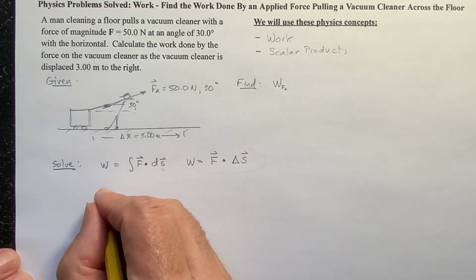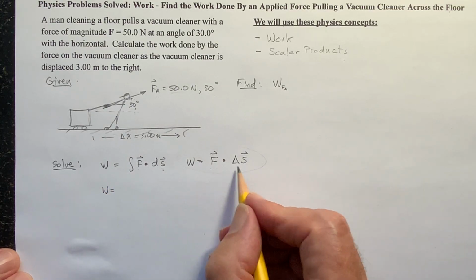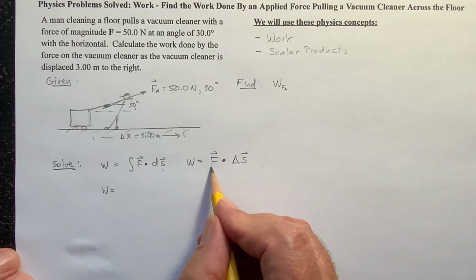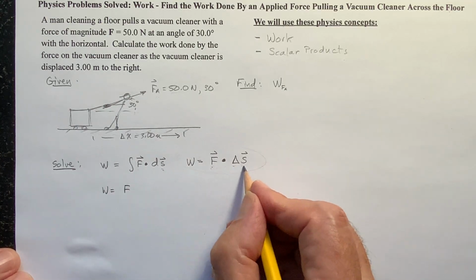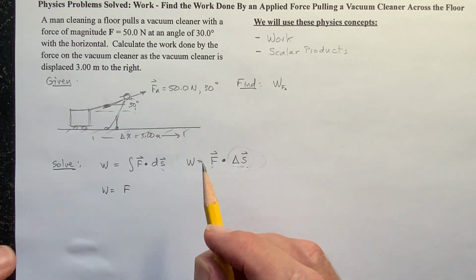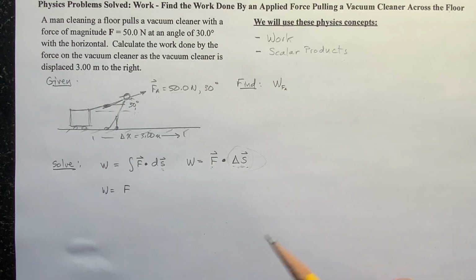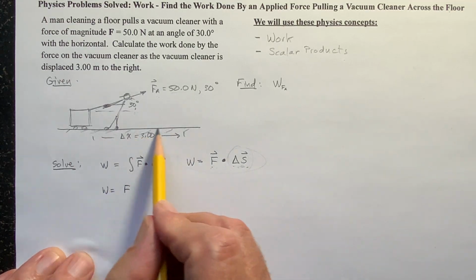We'll get more and more specific here. So work is equal to, now what is a dot product? Well, the dot product is the force times the magnitude of the displacement. Delta S can be an x, y, or z, or any combination of those, but we're moving along the x-axis.